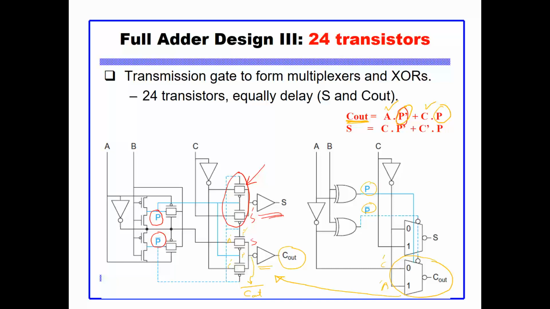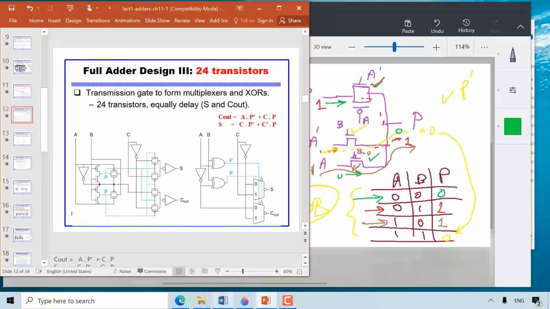All of this gives us 24 transistors in the circuit, which is pretty small, as we have discussed, compared to the others. Remember, we went from 72 to 32 transistors to 28 transistors to 24 transistors, and then this is another 24 transistor circuit for this type of implementation.